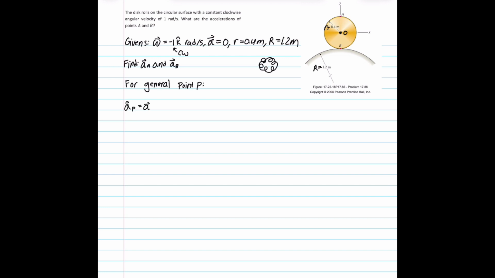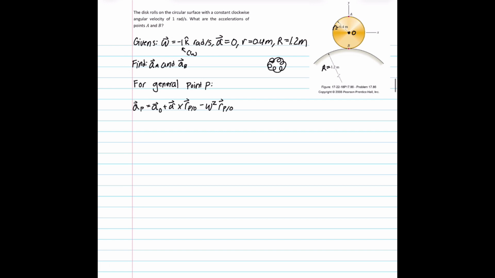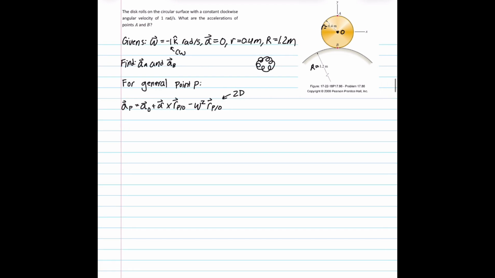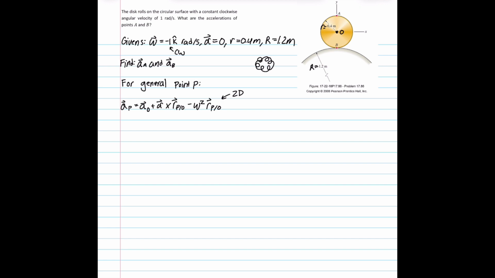So, related accelerations for planar motion, you would use this equation. This is for 2D motion. And then we know that the angular acceleration is constant, so that is 0.